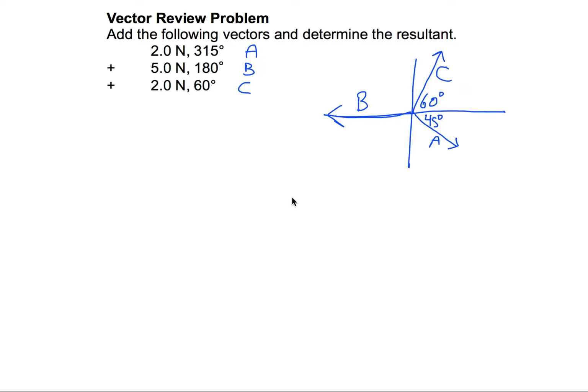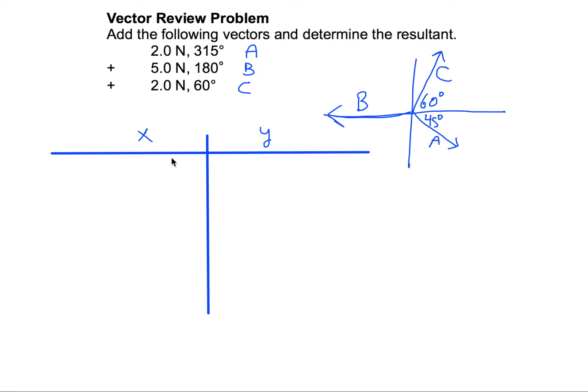So the first step when you're adding vectors is to separate the x and the y directions. So I like to draw a line on my paper. I'm just a very visual person, so I like to show that I'm separating the two directions. So this is going to be the x direction, this is going to be the y direction.